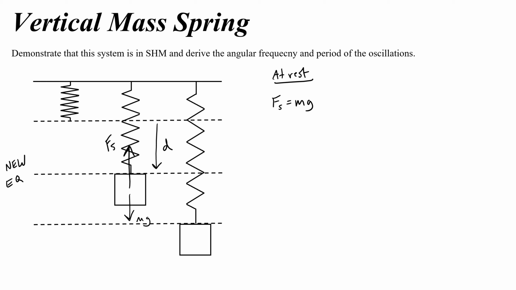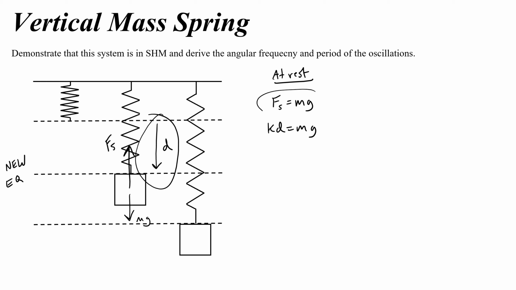Now, the reason why that's important is because we know that the spring force is going to be the spring constant times the distance stretched, which we just defined as d. And so we can say k times d is the spring force, and it's equal to the weight.